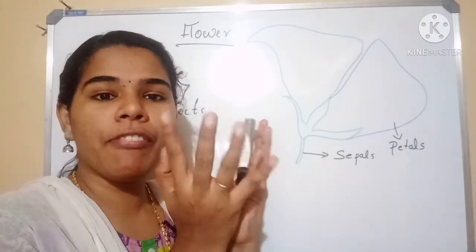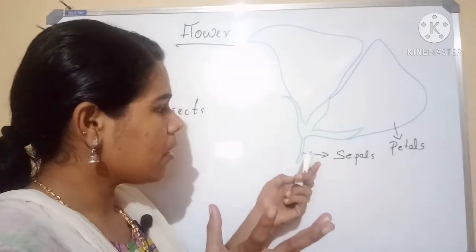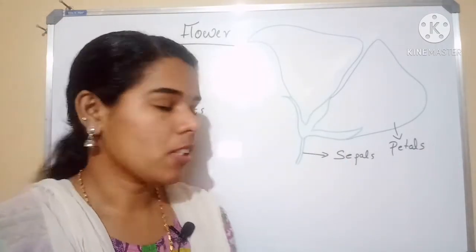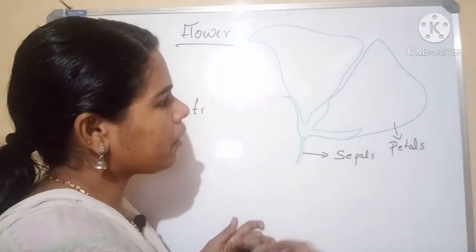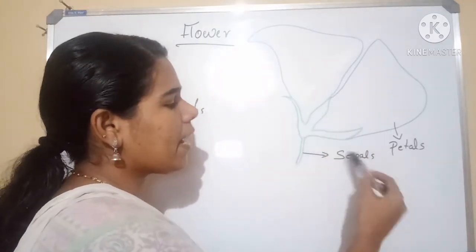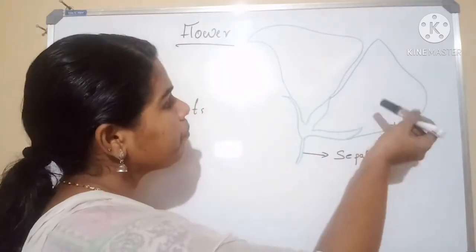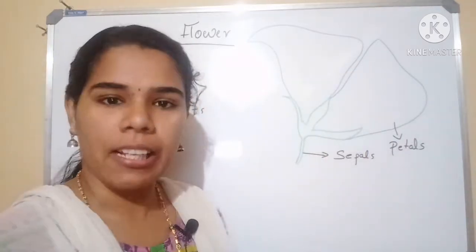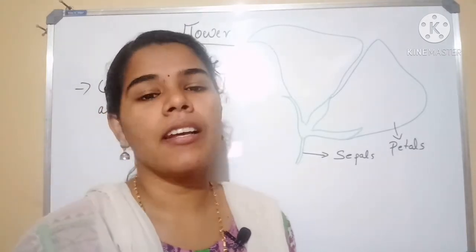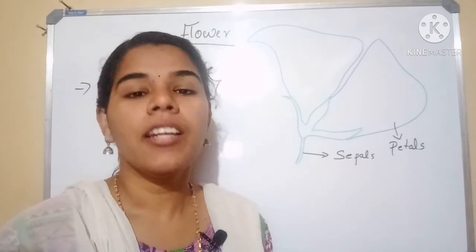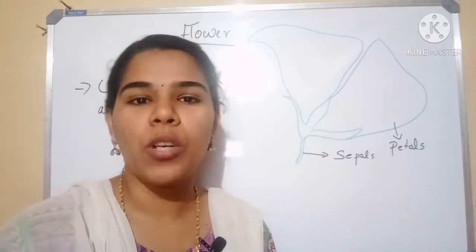At the time of flowering, the sepals move and the petals come out. The petals are variously colored because it helps to attract different insects for pollination.